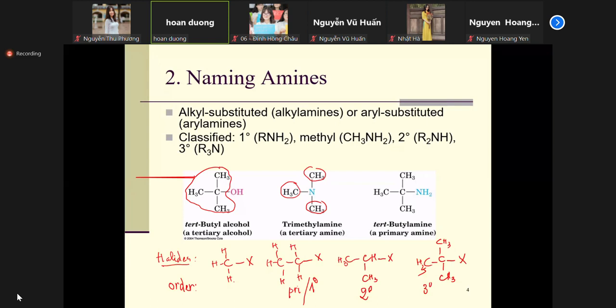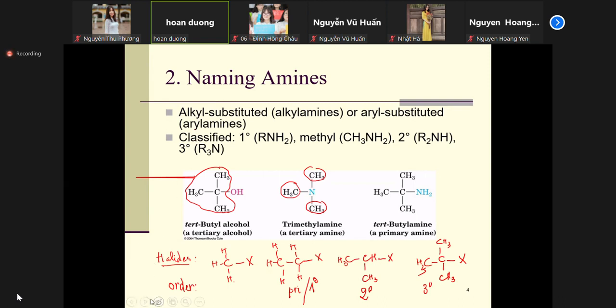And now we have one more. So that one we call it primary amine. It's not tertiary amine, right? It depends on the nitrogen, although the carbon here has three methyl groups, right? So now we have something different, right? With the classification of the order of halide and alcohol compared to amine, right? So we can pay attention here too.